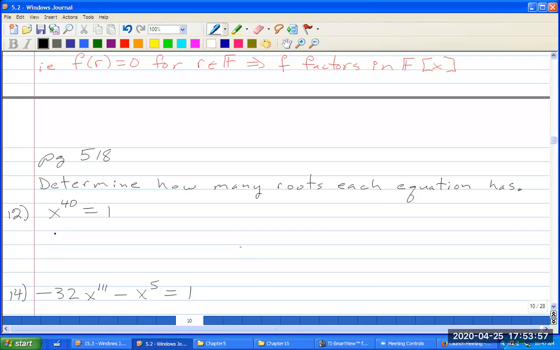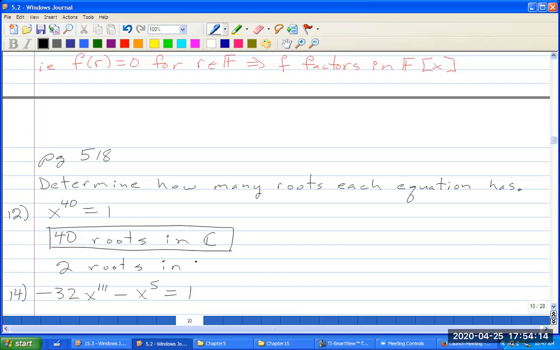There are 40 roots in C. So that's a true statement. But there are only 2 roots in R. If I'm only looking at real numbers, plus and minus 1. So if I look in the real numbers, 1 works, and so does minus 1.